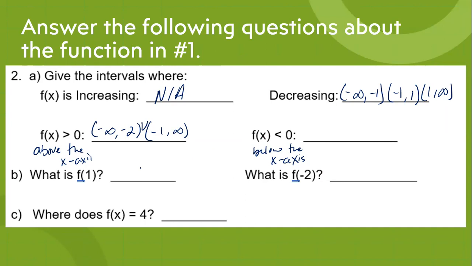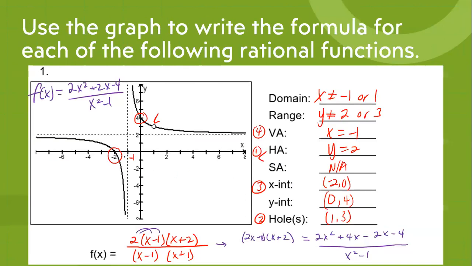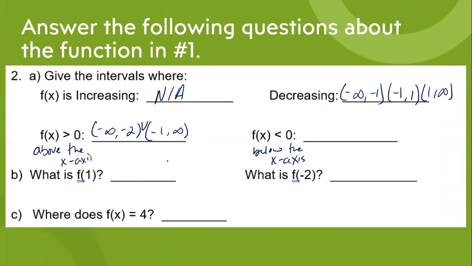All right, next part. When am I below the x-axis? So -2 until -1. So I'm below from -2 to -1. So that's the inequality. How do you feel about reading the inequality?